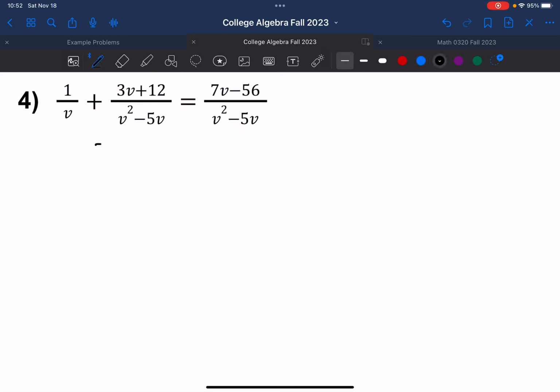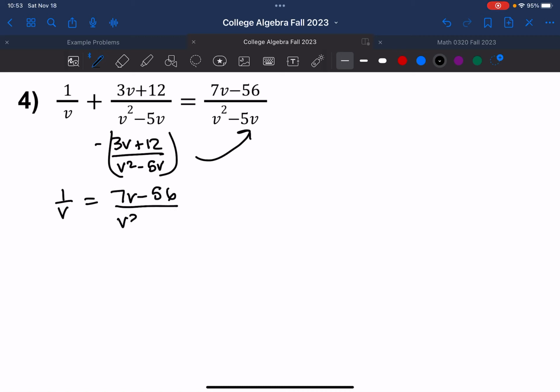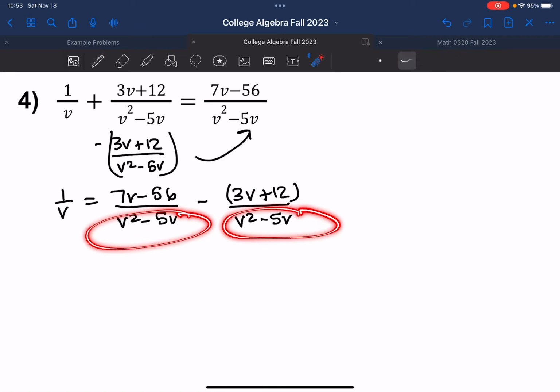So I am subtracting 3v plus 12 over v squared minus 5v. I'm subtracting that whole amount over to the other side. So I'm left with 1 over v is equal to 7v minus 56 over v squared minus 5v minus 3v plus 12 over v squared minus 5v. Notice I have a common denominator, so all I need to do is subtract the numerators.